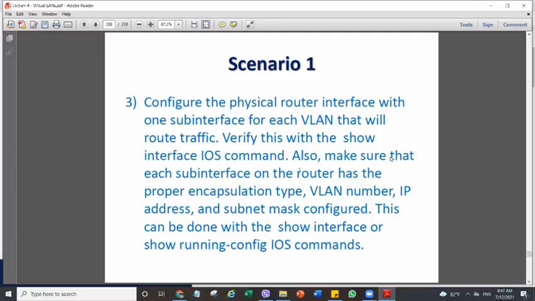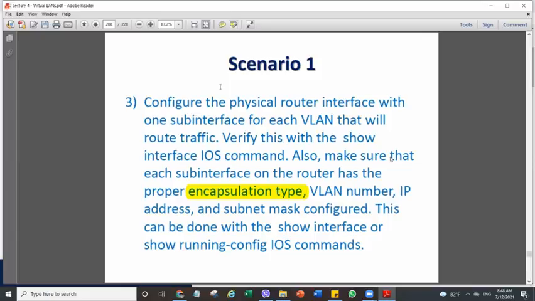Also make sure that each sub interface on the router has the proper encapsulation type, right? Encapsulation is an IEEE standard for trunk, so the same approach is here also. The encapsulation type that we adopt should be applied on all sides, switch interfaces and router sub interfaces.